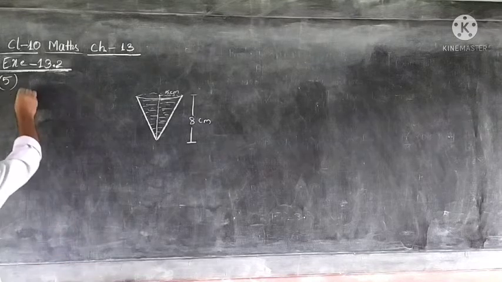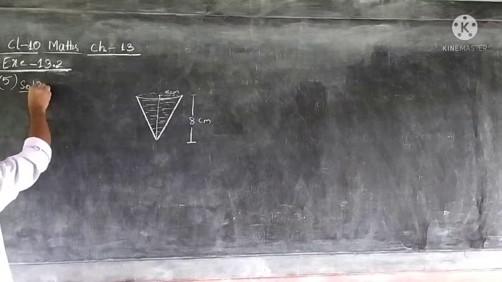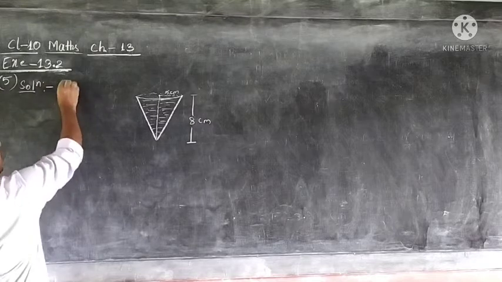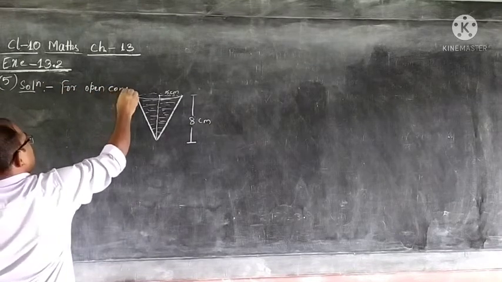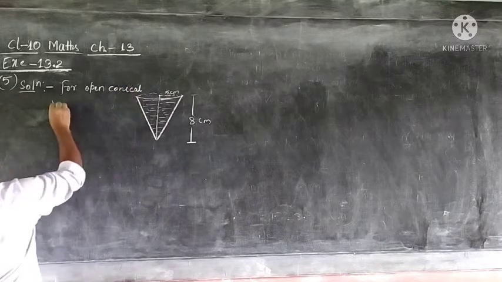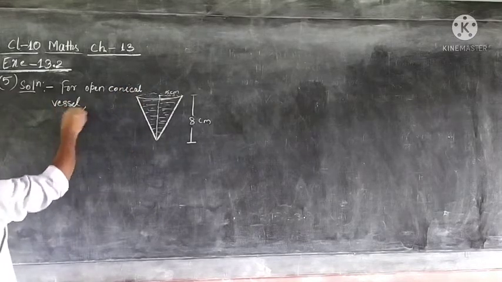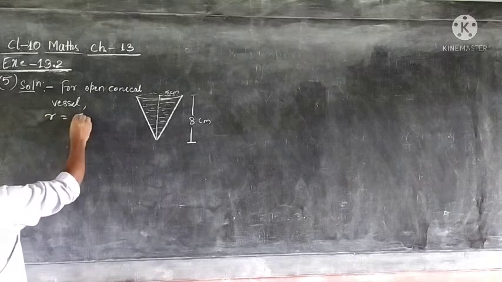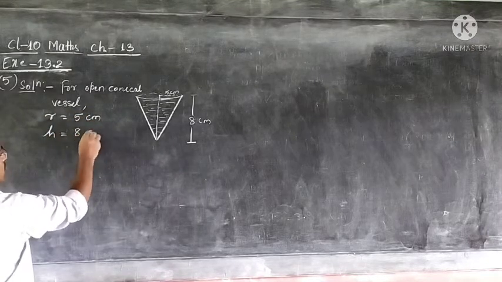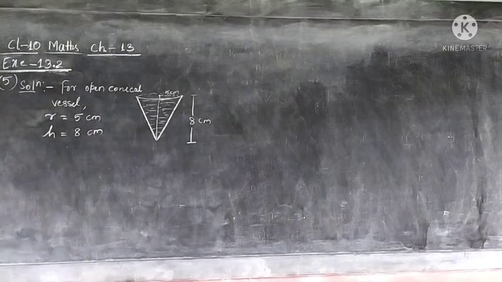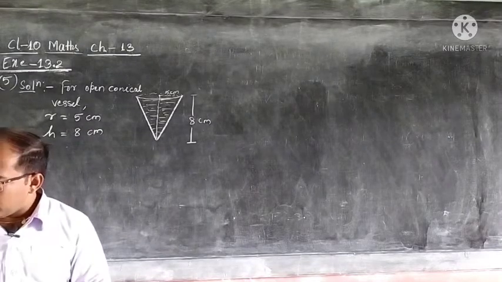So we will first write all that information. What is here? For open conical vessel, radius is 5 centimeter and height or depth same only, 8 centimeter. Another object is what here?